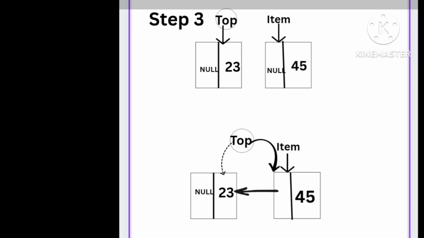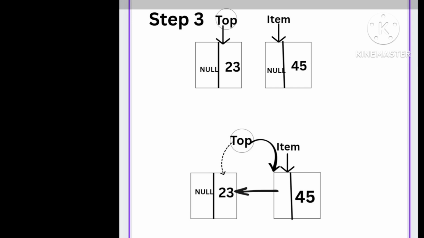For this, we first create the item node and assign it the value 45. There is already a node with the value 23 on the stack. So how will we insert the new node, 45, onto the stack? The new node 45 is linked to the last node, that is 23, on the stack.